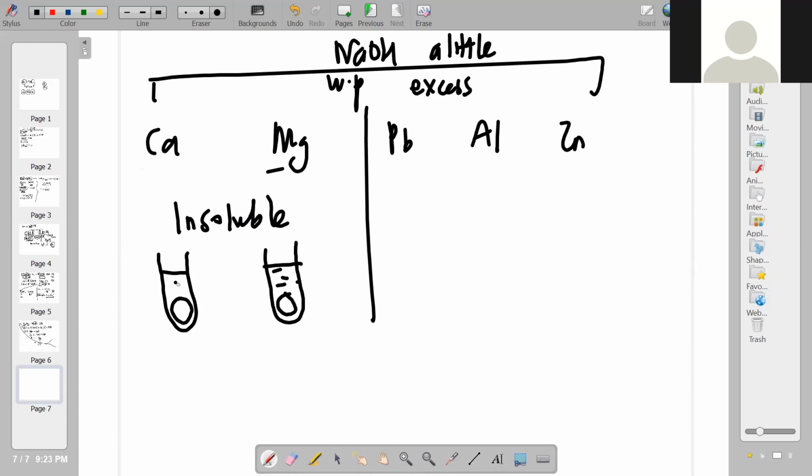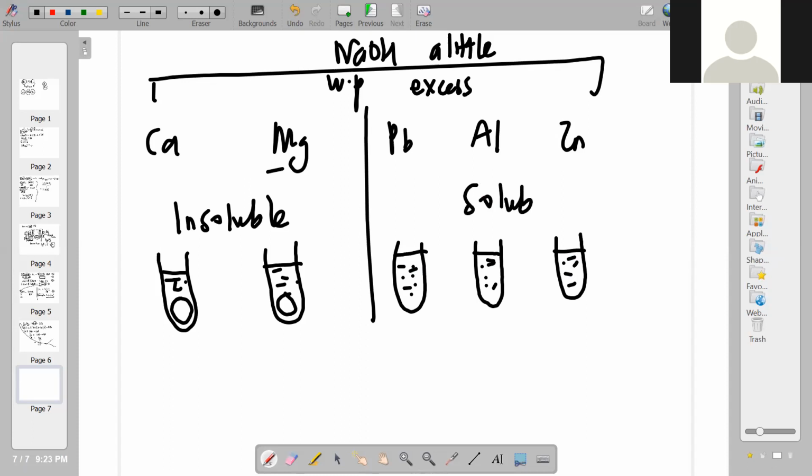Okay, but lead, aluminium, and zinc, this is my test tube, yeah? Lead, aluminium, and zinc, even though teacher put in excess sodium hydroxide, somehow the precipitate that was there earlier became soluble. No more. Okay, now you go back to my question just now.